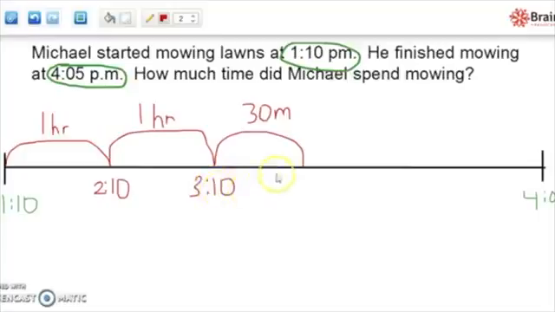If it's 3:10 now and I add 30 to 10, that's going to take me to 3:40 p.m. Notice that I still need to go to 4:05, so I'm going to have to make another jump. This time I'm at 3:40, and I know if I add another 20 minutes, that will take me to 4 o'clock.